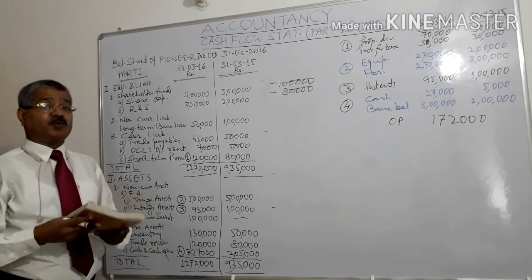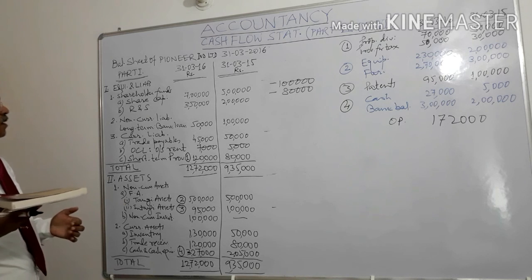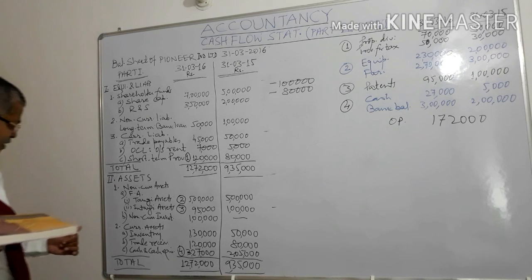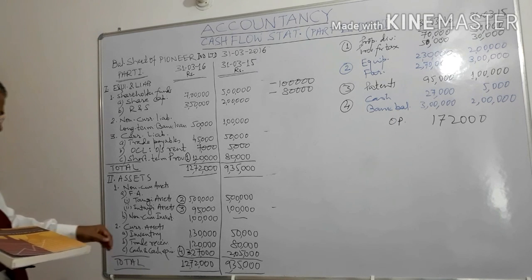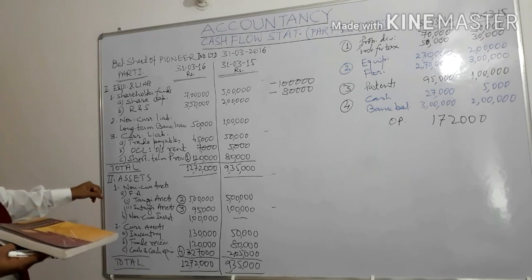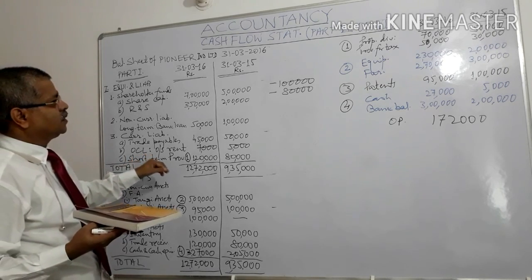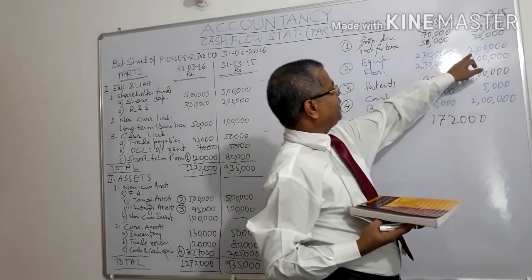Then proceeds from sale of equipment. How do we arrive at proceeds from sale of equipment? See, it's very simple. Here you will find proceeds, where it is fixed assets. Here you will find proceeds from sale of equipment.